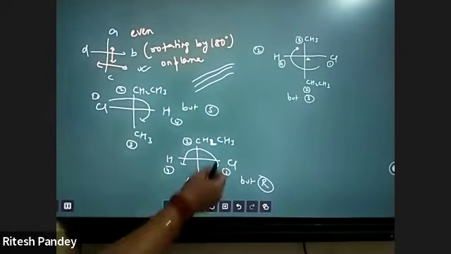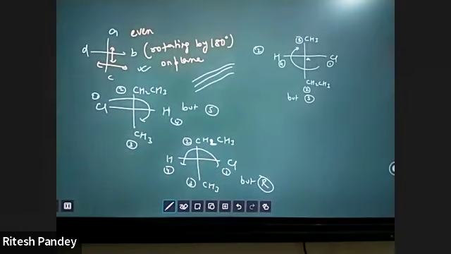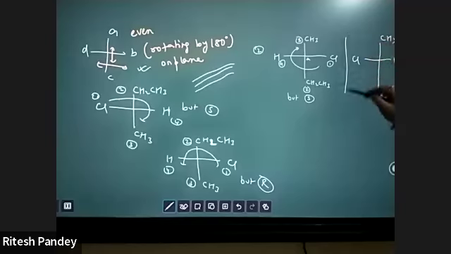Naturally, had I done it only for chlorine and hydrogen, very clearly, I would have drawn the so-called mirror image only. 1, 2, 3, 4, anti-clockwise, but R. I think I'm being understood.